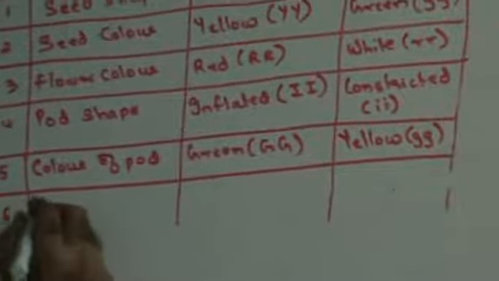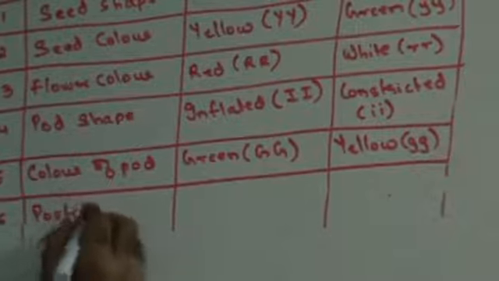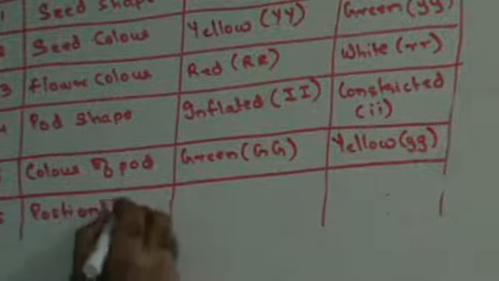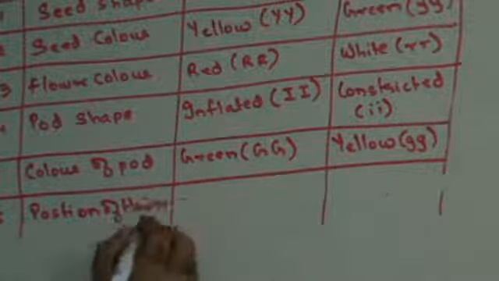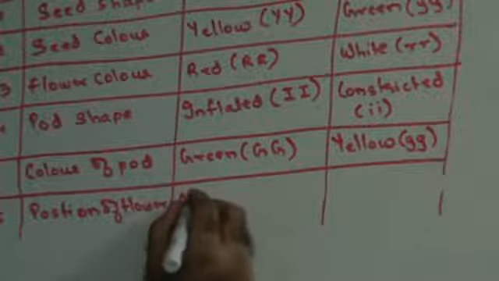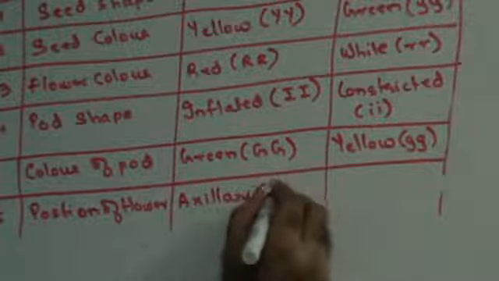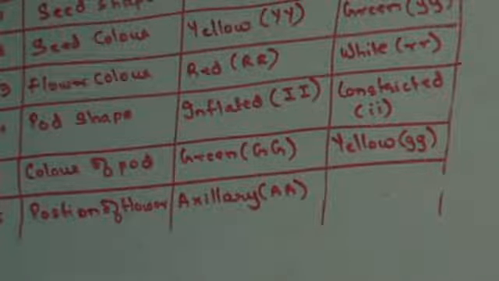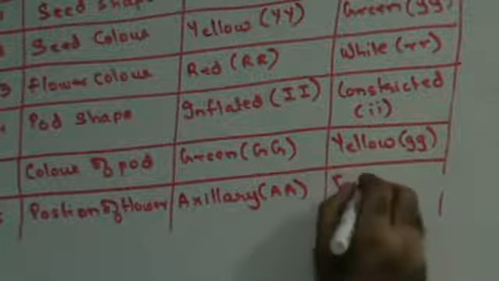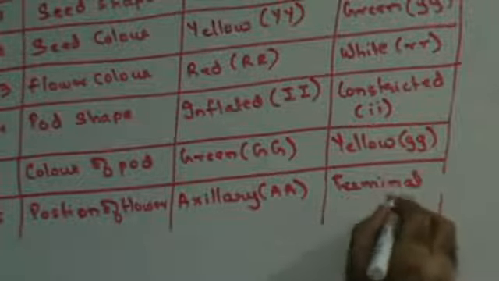Then you had position of the flower. Position of the flower was axillary, AA, or terminal, small aa.